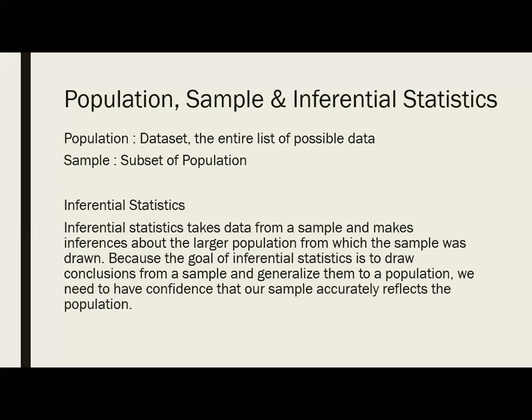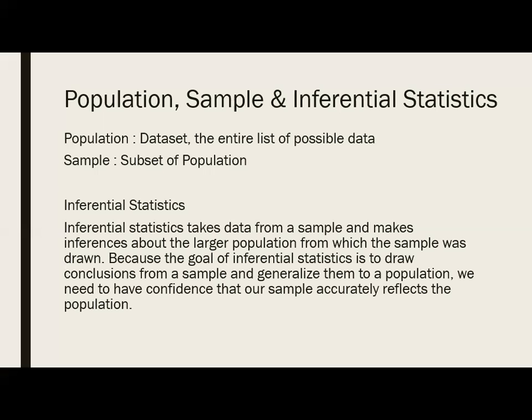So here the main terminology comes into the picture. A sample should be a perfect subset of the population, or in other words, statistically significant. What I mean here is the sample should represent the entire population. It should not be biased, it should not be a particular set of values. Let's say, for example, the entire population has 5% sugar or diabetes patients, the sample should also have the same, or not exactly 5, it can be 4 to 5% sugar or diabetes patients in that group.